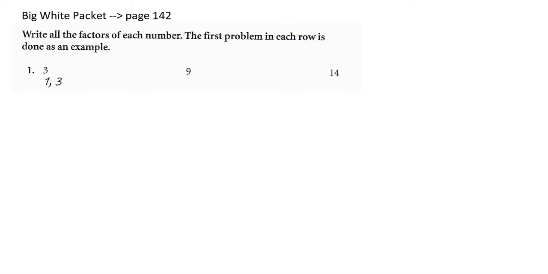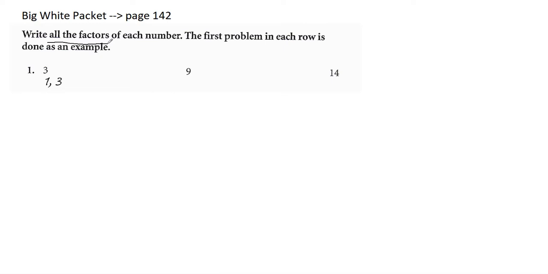So real quick here, I'm going to look at problems 1 and 2 on page 142, kind of in the middle of that page, and I'm going to do my method of finding all these factors, what I call a factor T-chart. The instructions they give us here is they want us to write all the factors of each number, and they've worked the first problem in each one for us as an example.